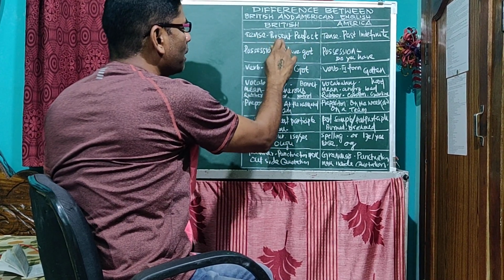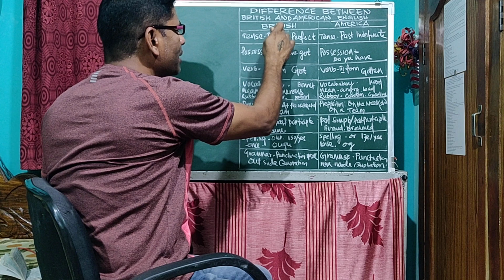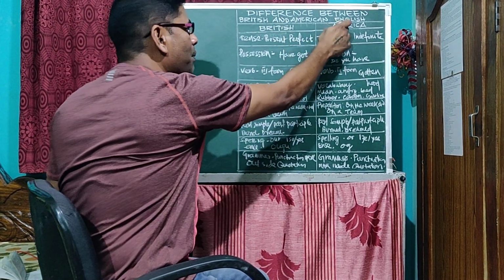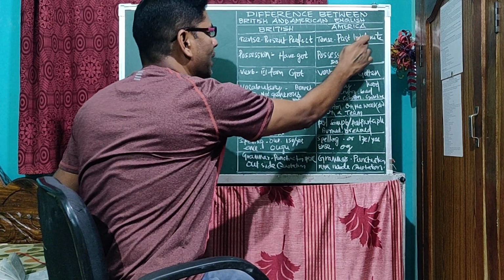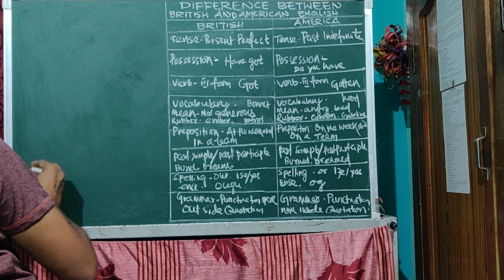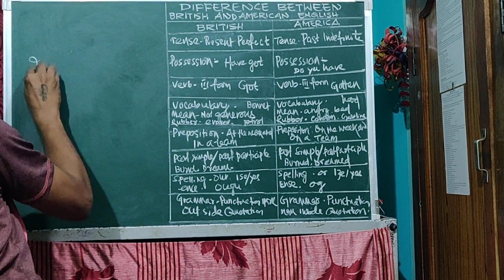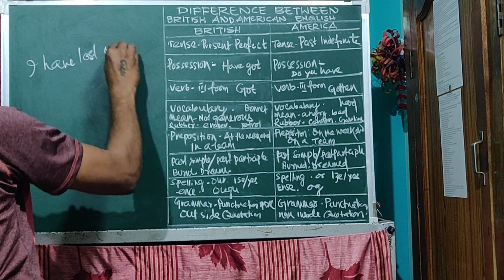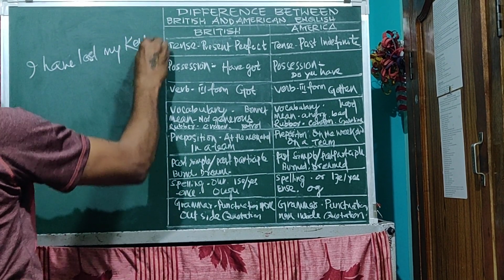In tense, with the present perfect, Britishers use the present perfect tense, whereas Americans use the past indefinite. For example, "I have lost my keys."